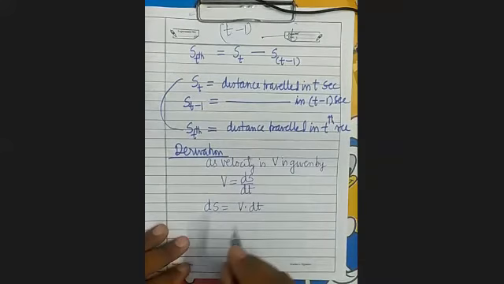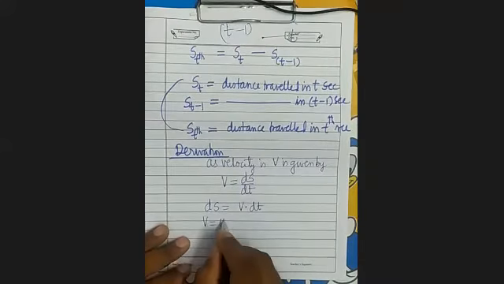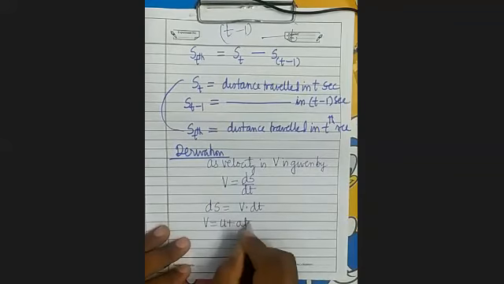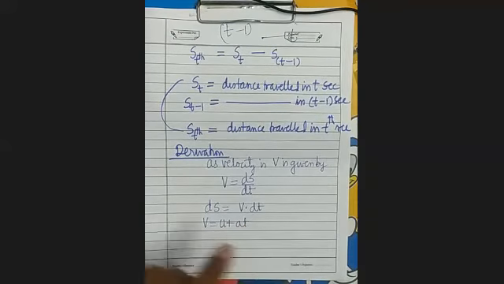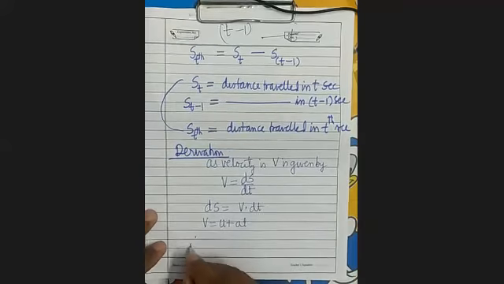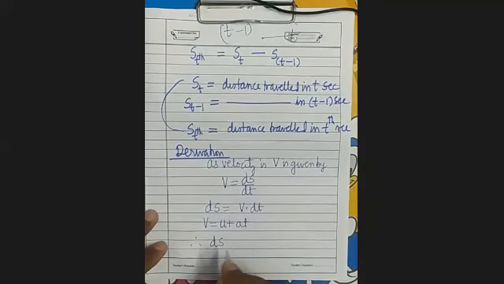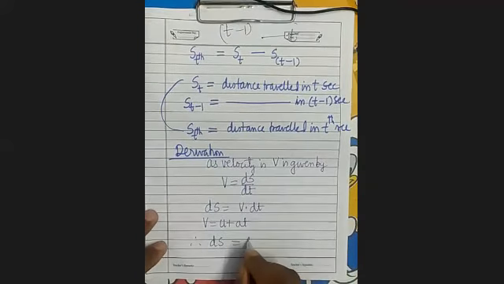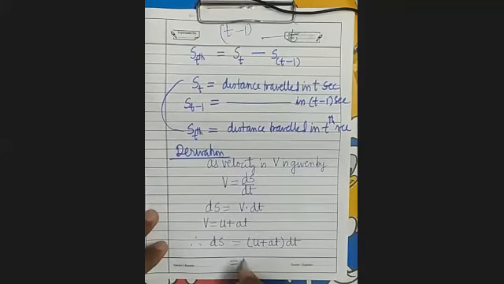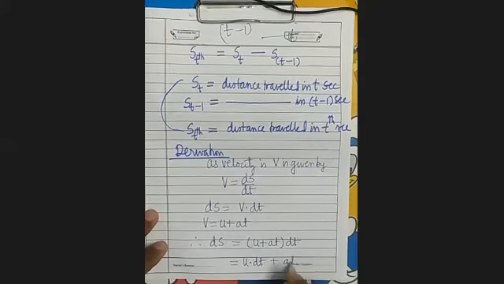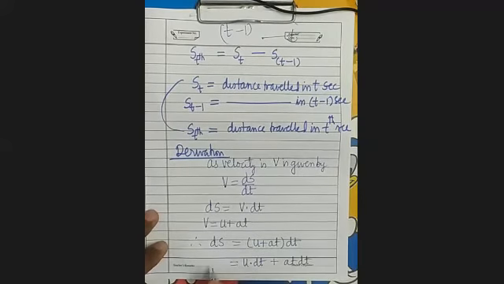Now here we can write v equals u plus at, because we are going to integrate with respect to t. Therefore, ds equals u plus at into dt, that is u into dt plus at into dt. This is ds.